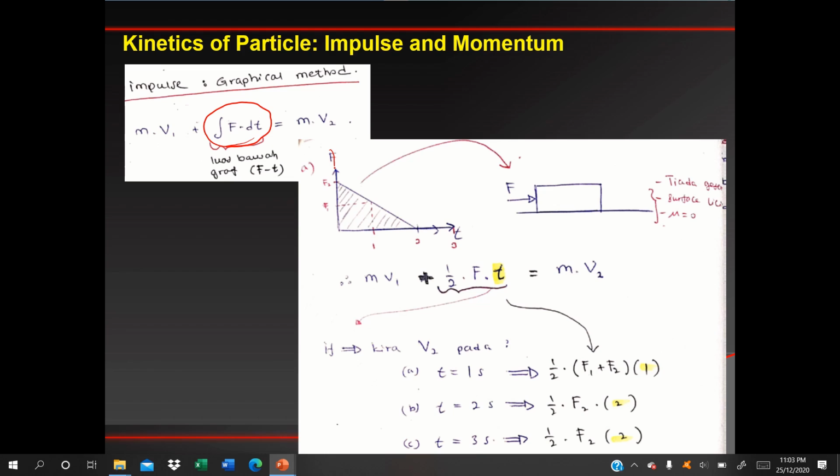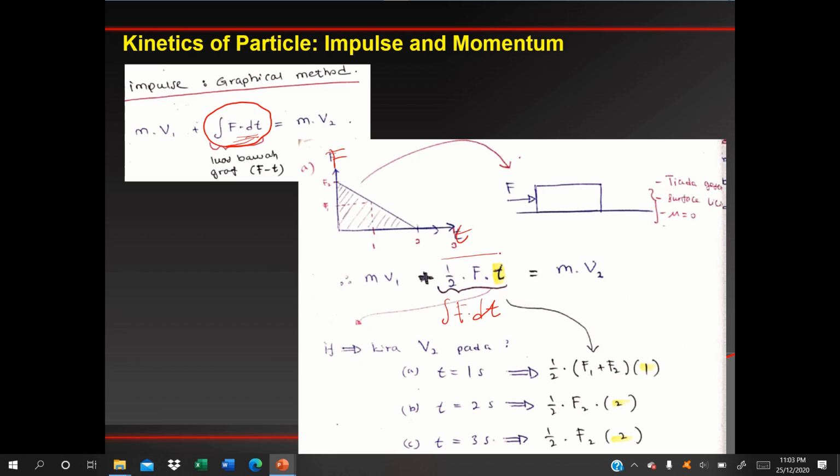So this is F, this is t, and from F dt you will get the impulse. So the equation is F dt equal to mv.